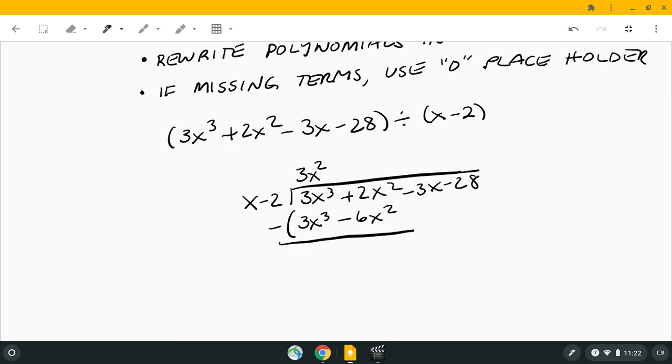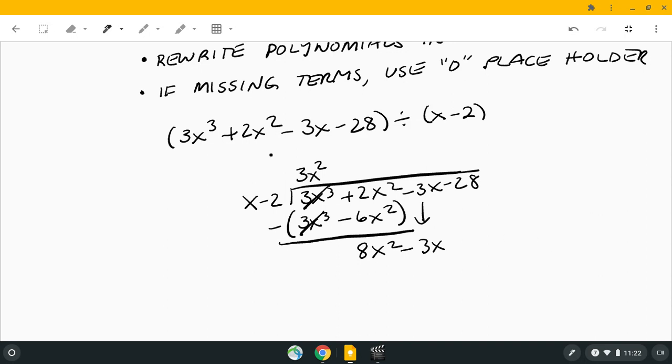And then when we put our answer down here, we subtract it. 3x cubed minus 3x cubed is 0. And then over here, this is 2x squared minus negative. Minus negative becomes positive, so that becomes 8x squared. And I'm going to bring this down.